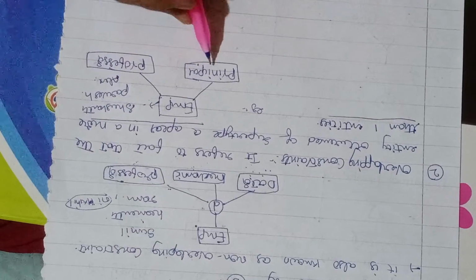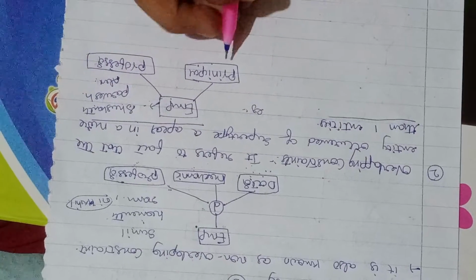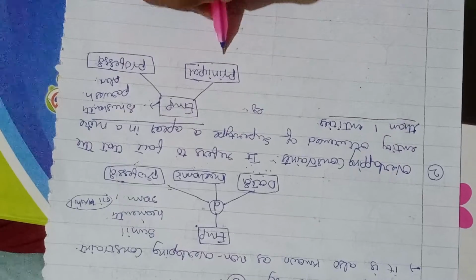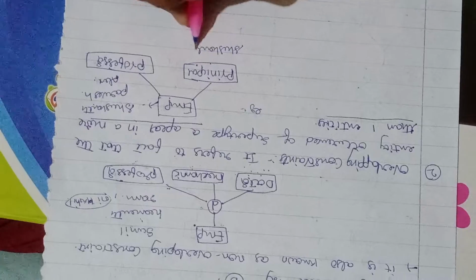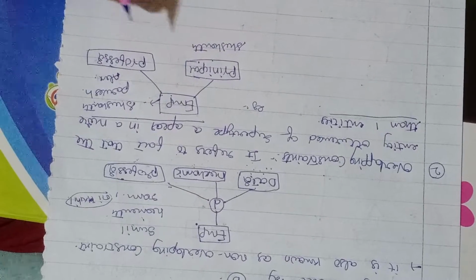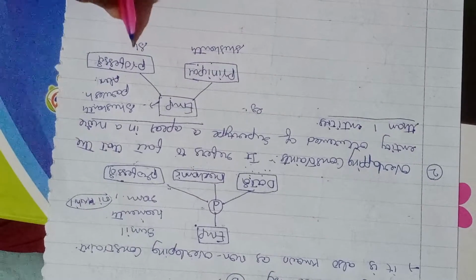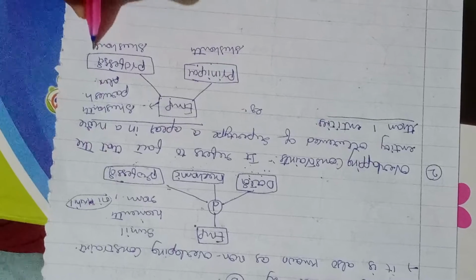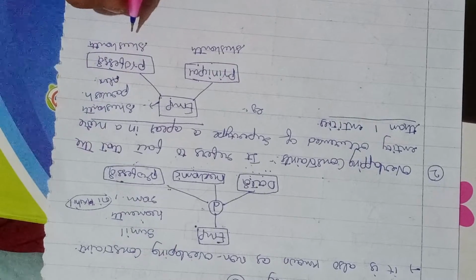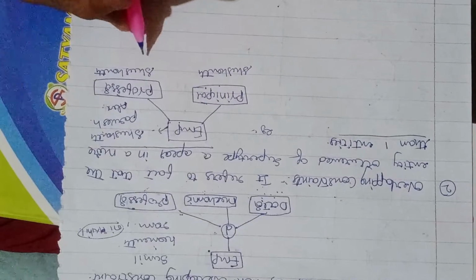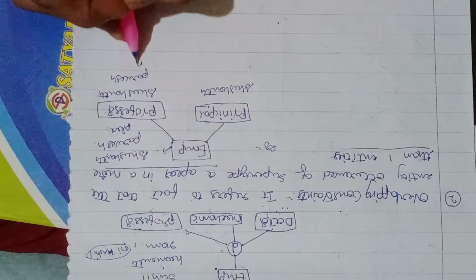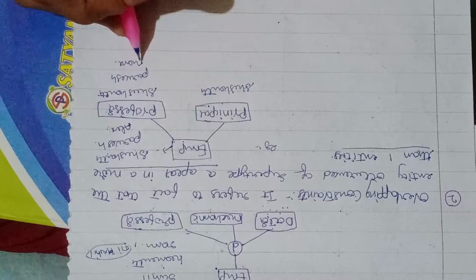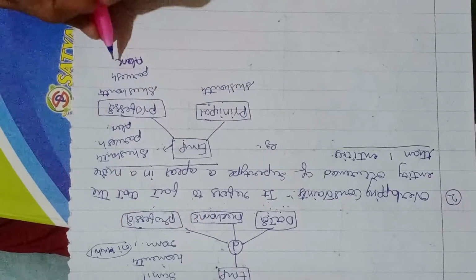Sushant is the principal of the school, and he is a maths professor also. And Parvesh is the botany professor, and Alex is the maths professor.